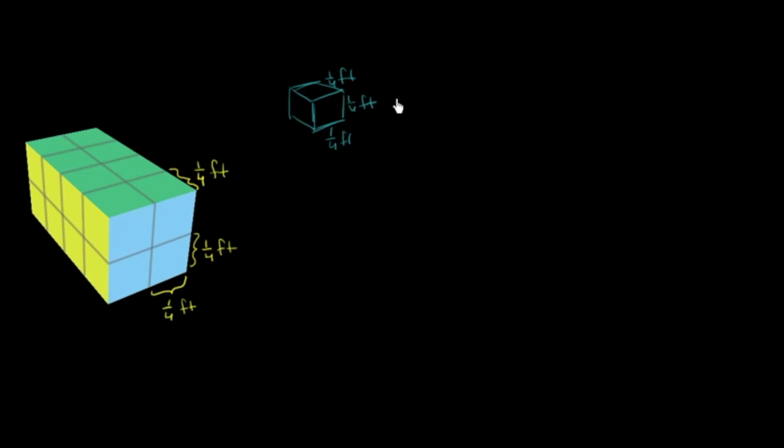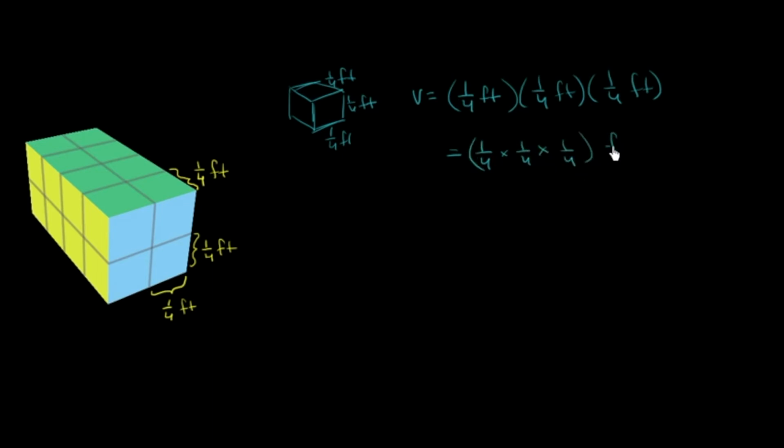The unit cube, its volume is going to be 1/4 of a foot times 1/4 of a foot times 1/4 of a foot. Or another way to think about it is it's going to be 1/4 times 1/4 times 1/4 cubic feet, which is often written as feet to the third power.